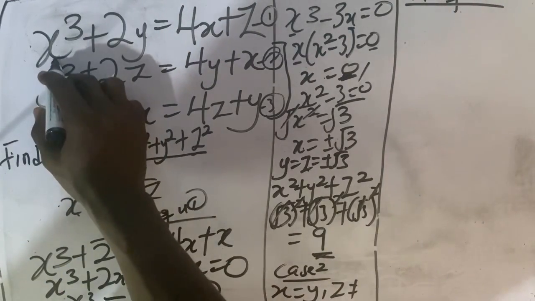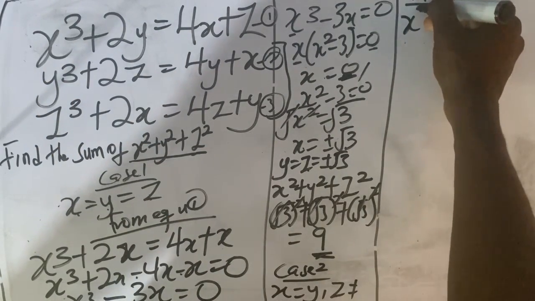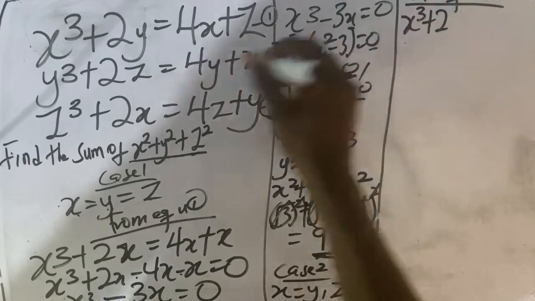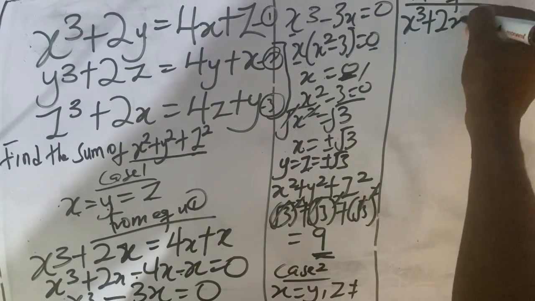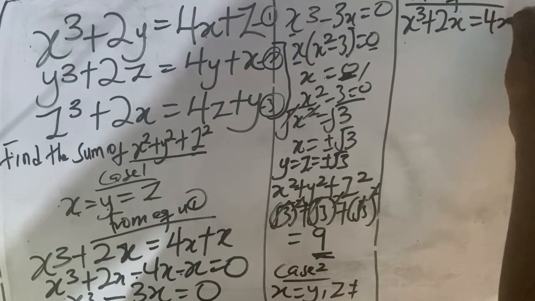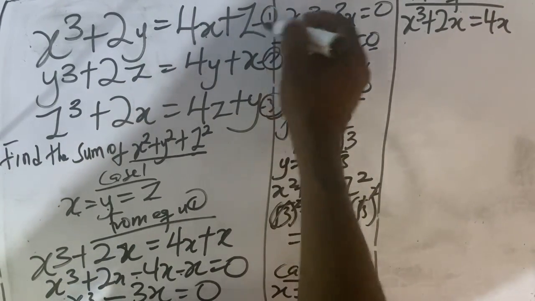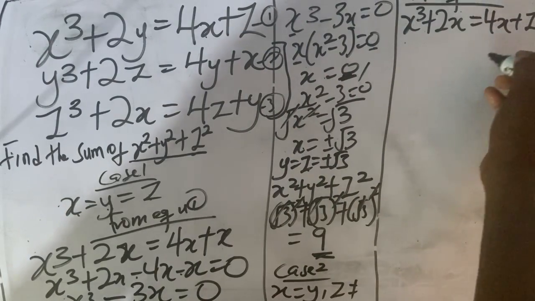So wherever we see y, we are still making it x. So plus 2, this y changes to x, and then equal to 4x. But we are saying that z is different, so z will not be equal to x.